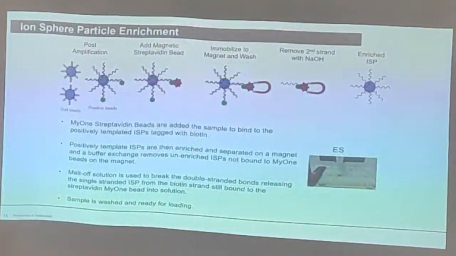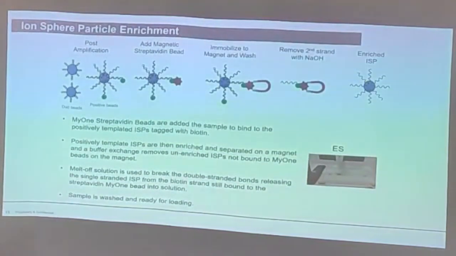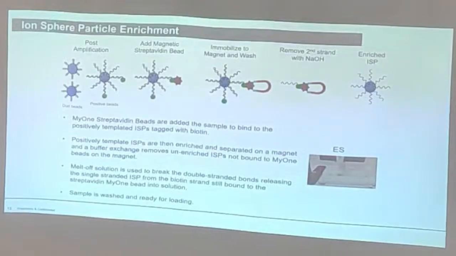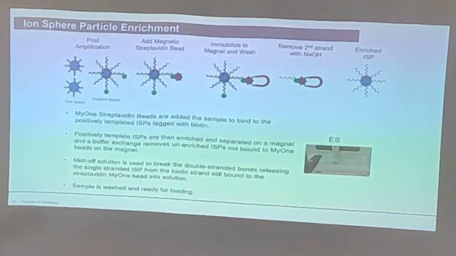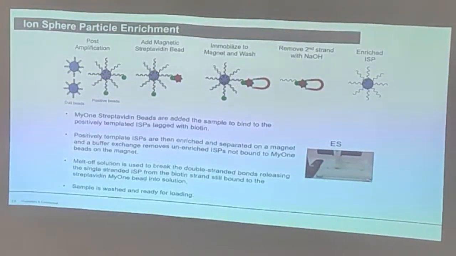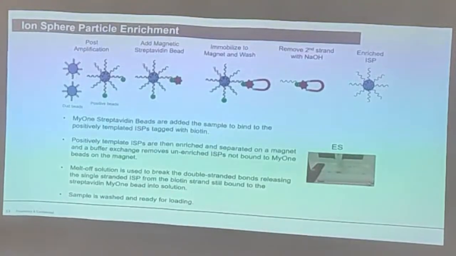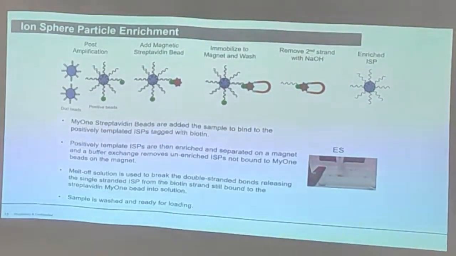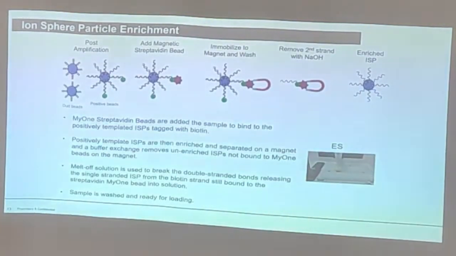When the enrichment is done, it is done with the help of streptavidin. Now streptavidin and biotin are like husband and wife. They have good affinity. And this streptavidin bead has a paramagnetic core, just like iron, so it gets attracted towards a magnet.